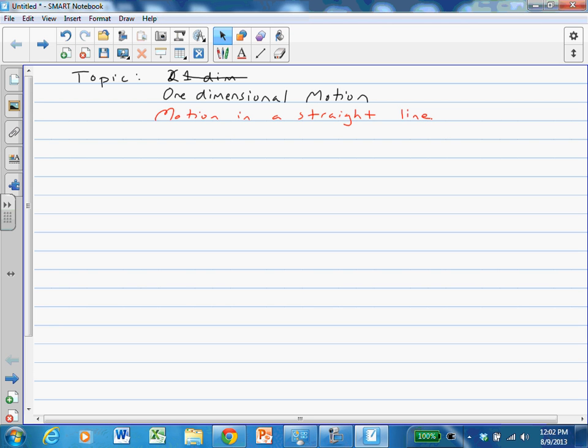So before we do that, let's make a chart of some quantities that we'll be describing and look at their units and their symbols.